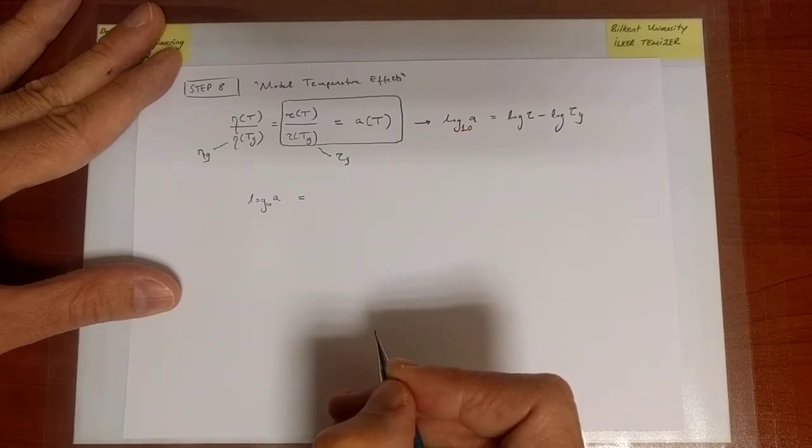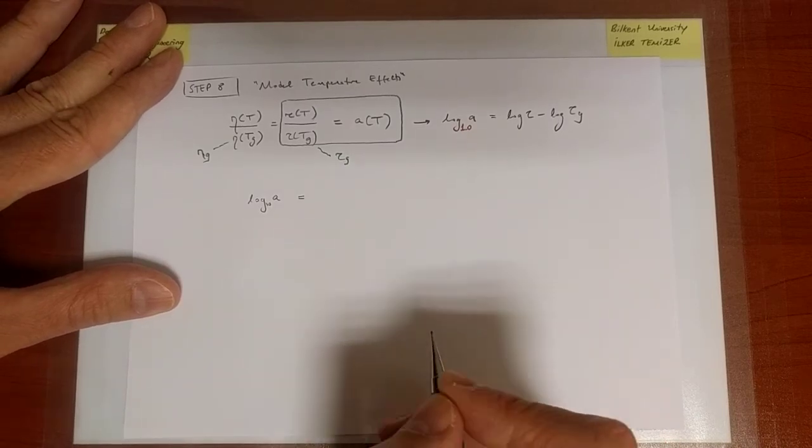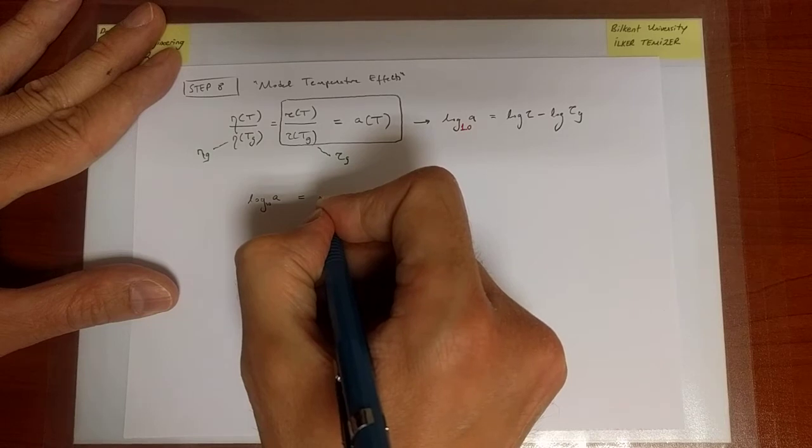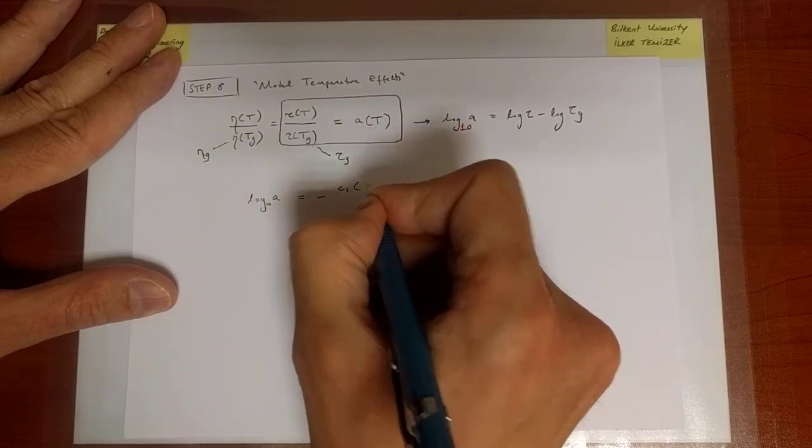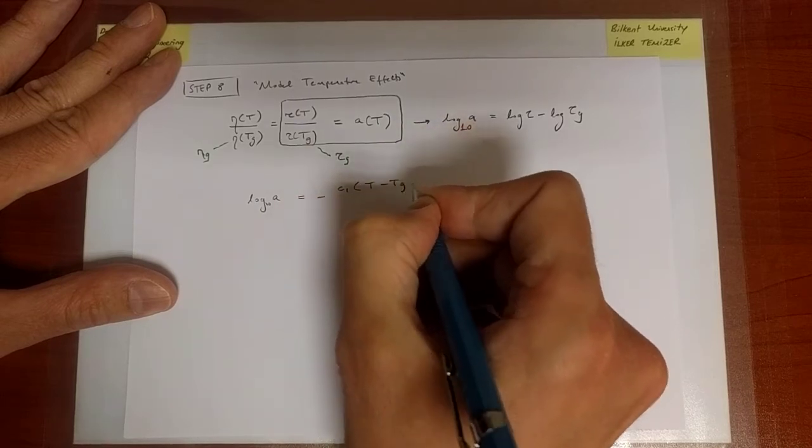And that function has to be motivated by experimental input. And experimental input has revealed that a function of the following form is surprisingly accurate.